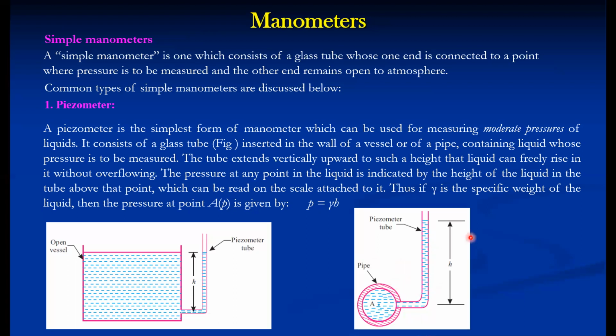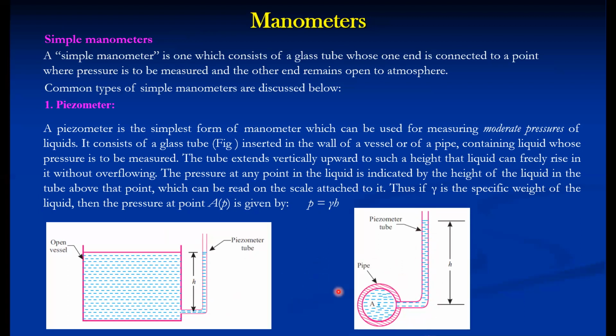So these are the three limitations of the piezometer. It is not suitable for measurement of very high pressure, not suitable for measurement of gas pressure, and not suitable for measurement of negative pressure. Because in negative pressure, the liquid will not rise in the tube, rather it will suck liquid. The pressure is below atmosphere. The atmospheric pressure forces this column, and we cannot see the column here.